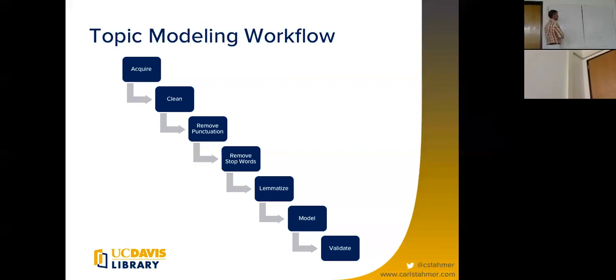But most of the time, lemmatization is a process that changes all of those to the root word. So if my sentence was, Carl was here, it becomes Carl be here.